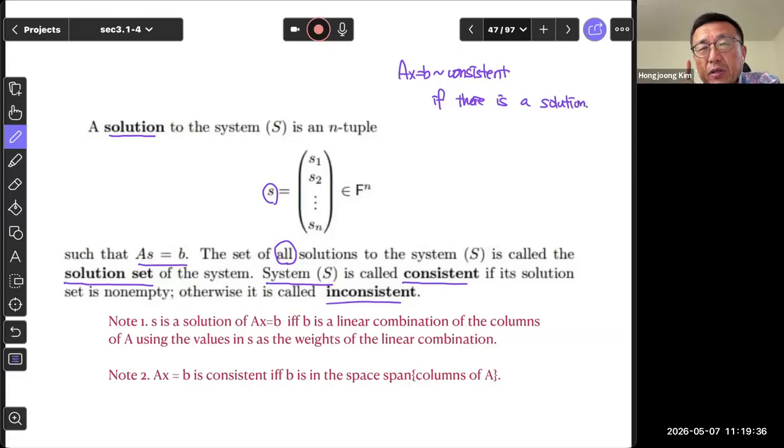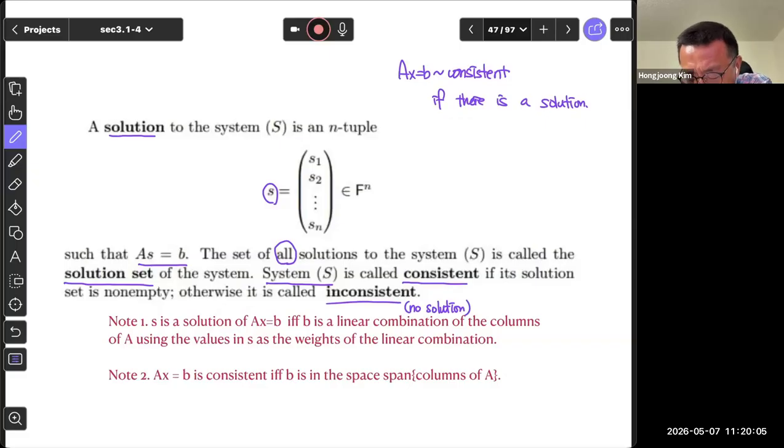If you have at least one solution, then we say the system is consistent. We say the system is inconsistent if there is no solution. So inconsistent means there is no solution. Consistent means it has at least one solution.